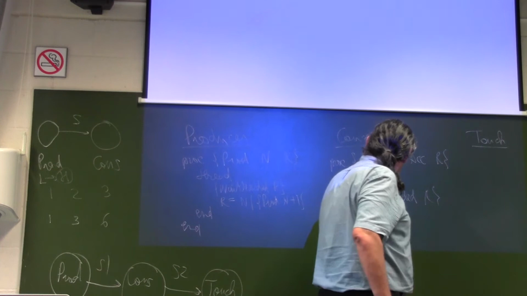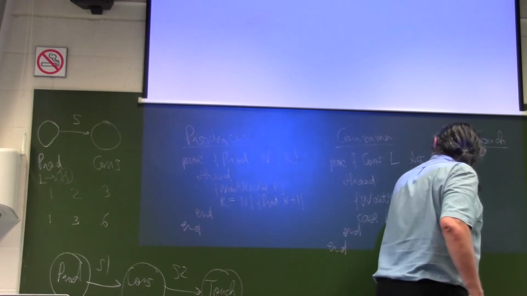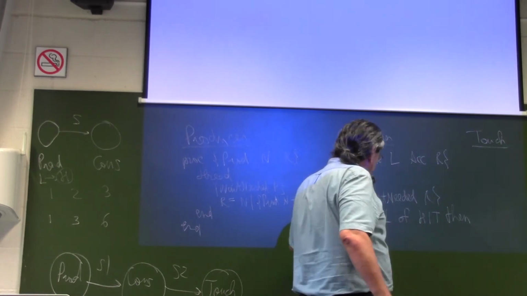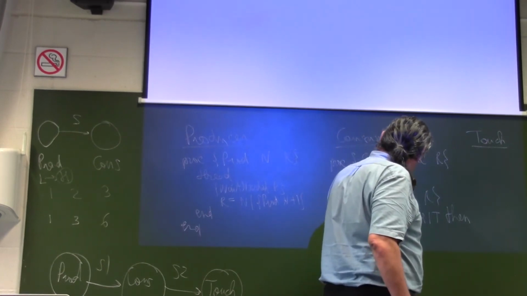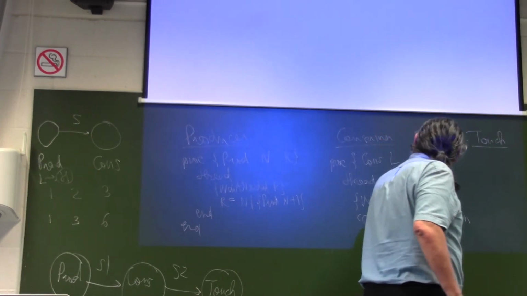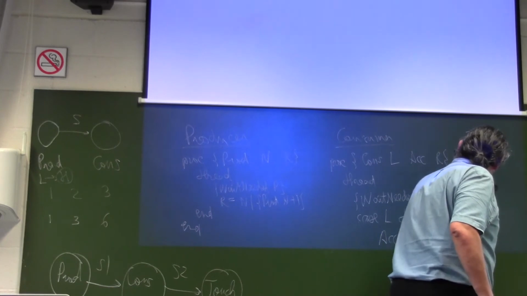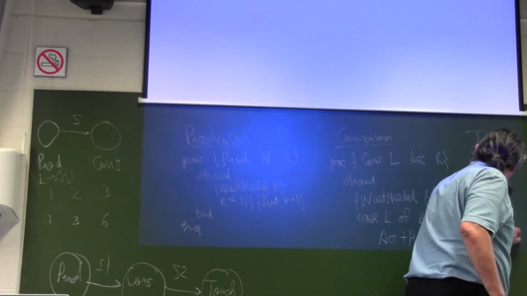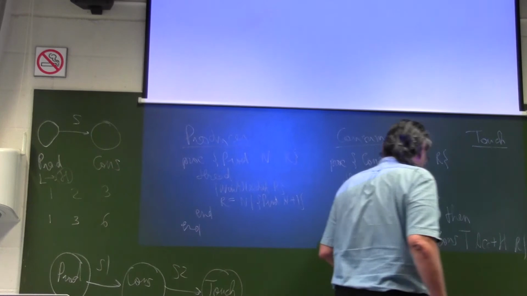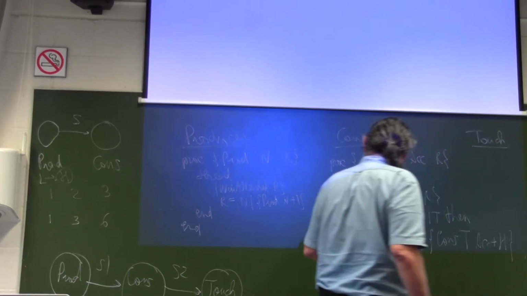Case L of H bar T, then, let me make this a little bit bigger. So this will give you accumulator plus H, consumer T, accumulator plus H, R. I know, the R is not needed, it's a function. Like that.